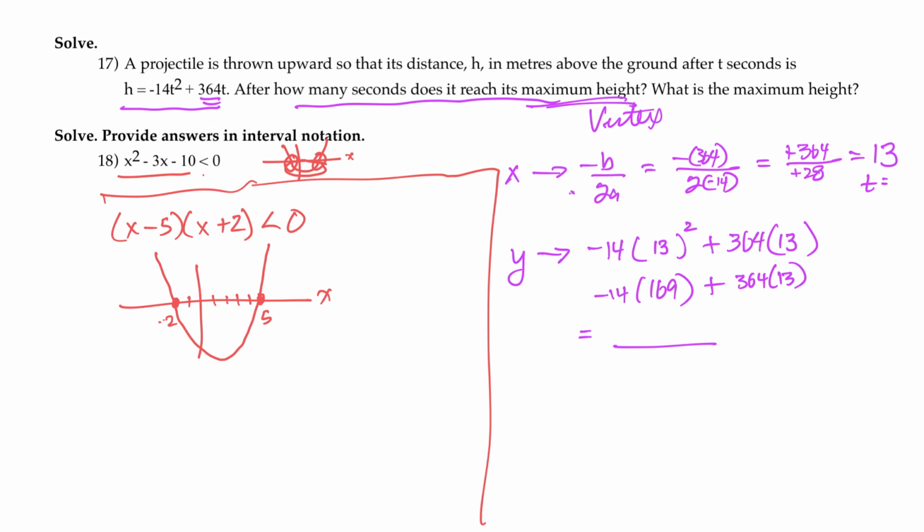So they want interval notation, so you would say the smallest number is minus 2, and the top number is 5. And it can't equal those numbers because that's where it crosses. And there's no equal sign up here, like less than or equal to. So this would be my interval.